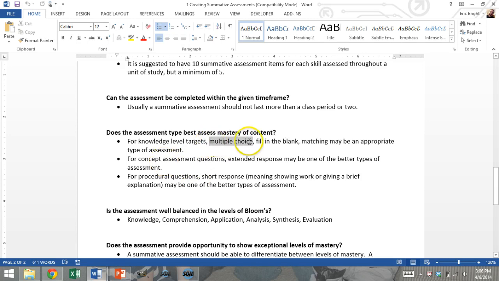Multiple choice is never going to show that. Fill in the blank given a word bank, or matching given a word bank, none of these things actually demonstrate conceptual understanding. So make sure we're looking at what format of the assessment we've built, so that we can actually summarize their learning well.